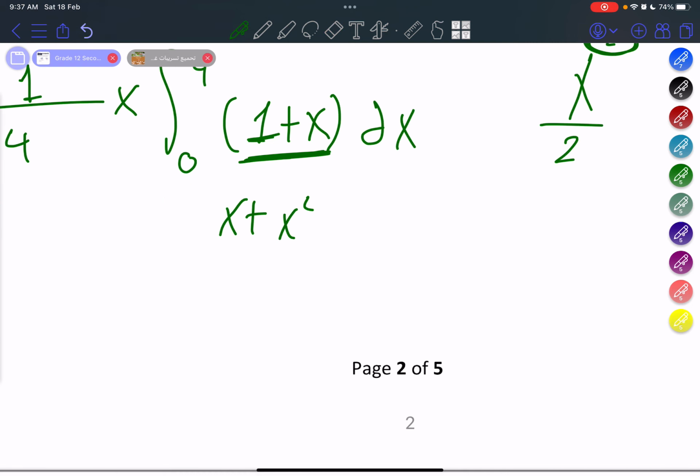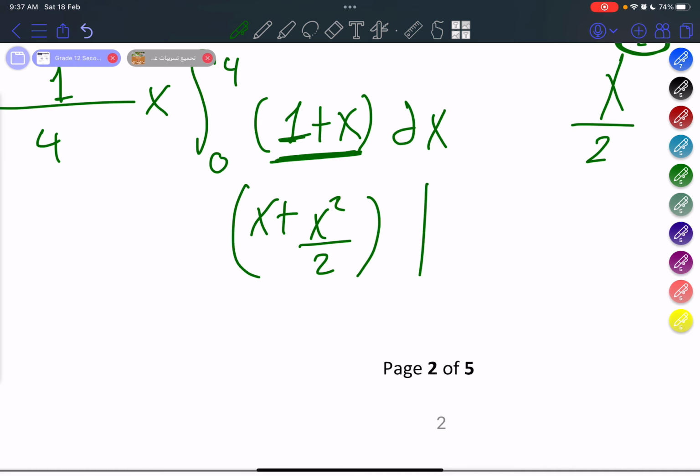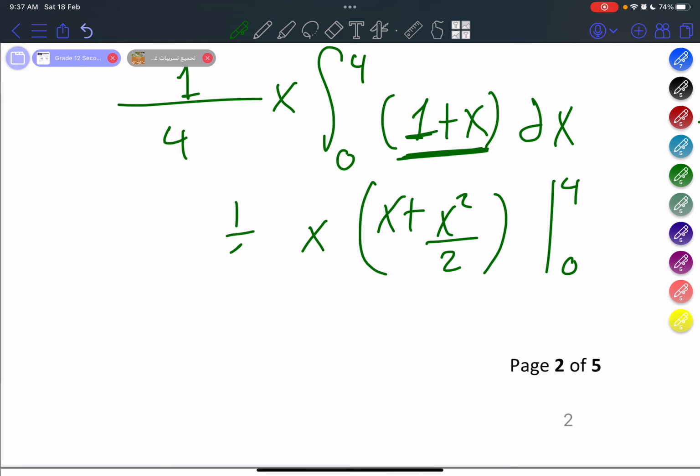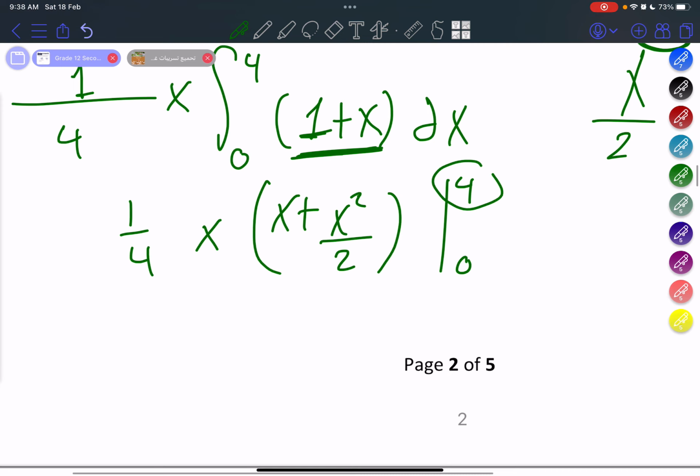So x squared over 2, this whole thing from 0 to 4, and times 1 over 4 is the same. So let's sub in 4 first.